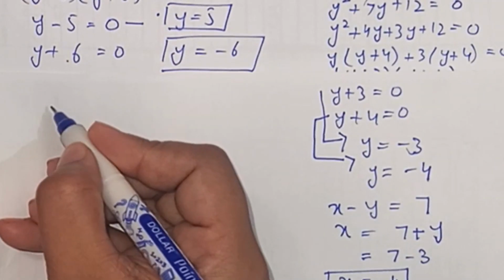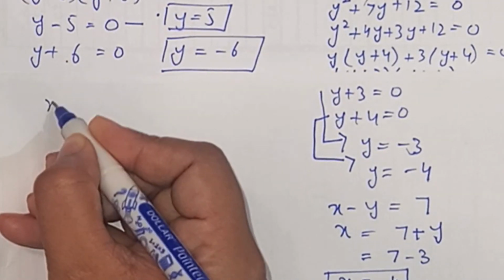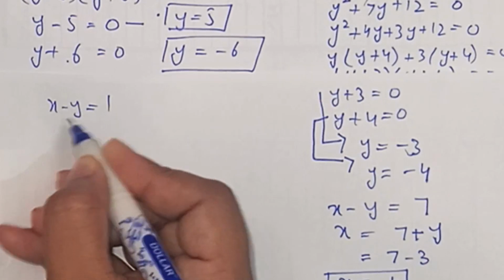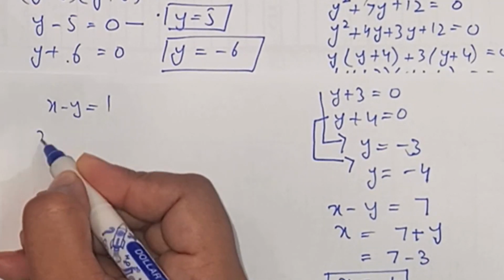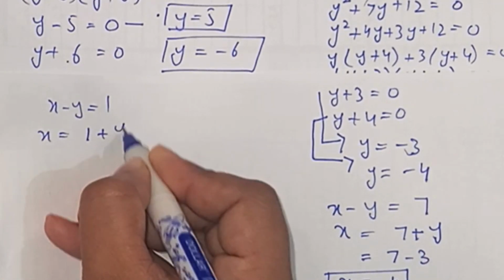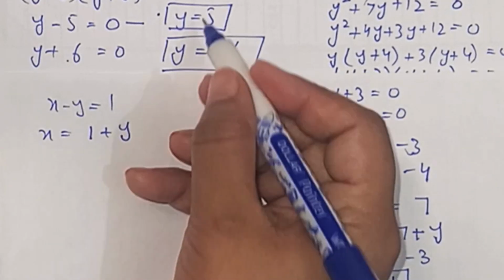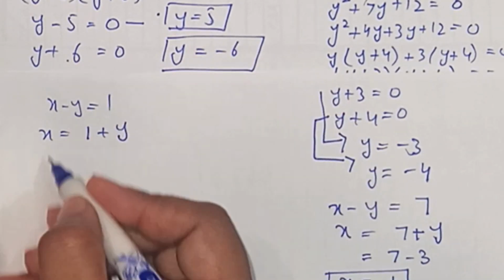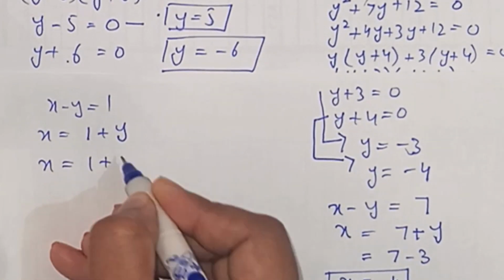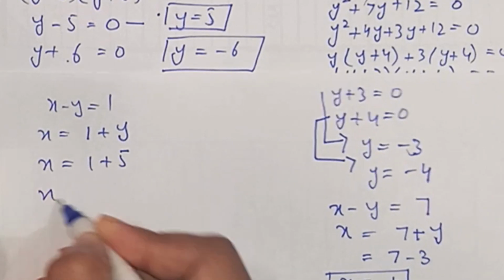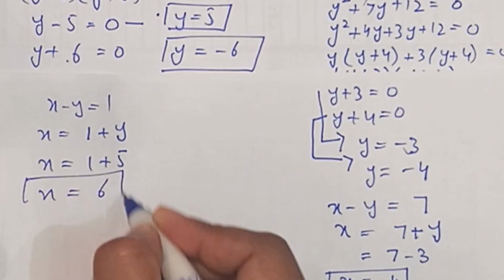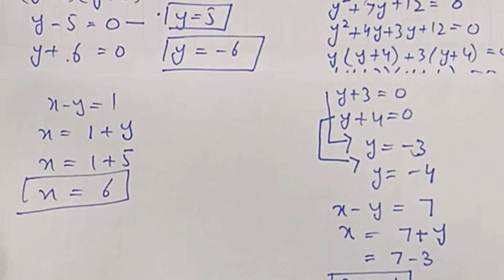Okay, now equation number 1 is x minus y is equal to 1. Add y on both sides. So this will become x is equal to 1 plus y. So first we take y is equal to 5. So x is equal to 1 plus 5. So 1 plus 5 is 6. Then the value of x is 6.